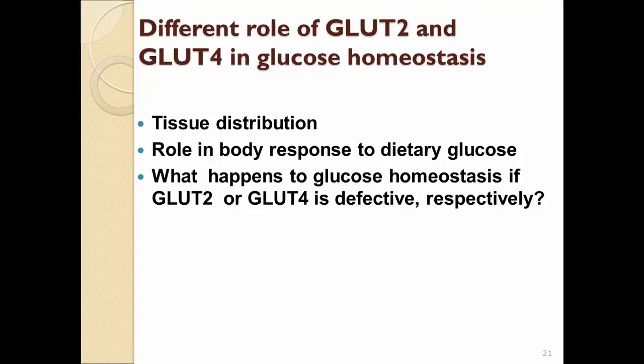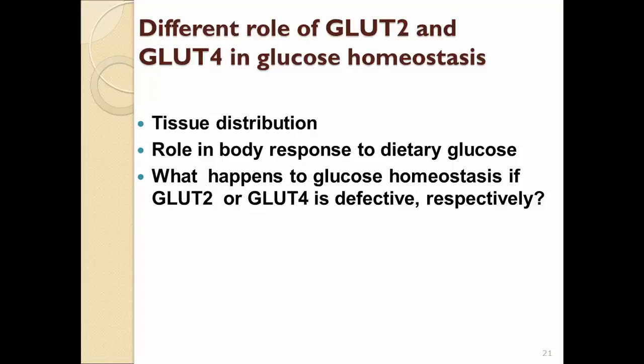And what happens with GLUT4? If a person has lower GLUT4 levels, basically like insulin-resistant type 2 diabetes, right? The patient usually has lower levels of GLUT4 in adipose tissue. Yes.